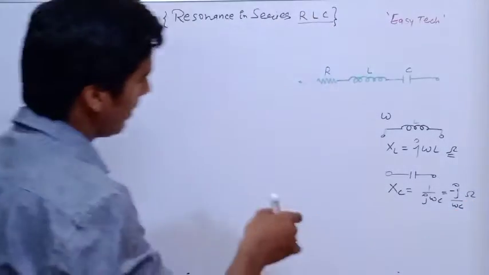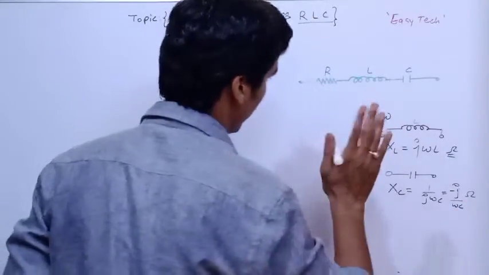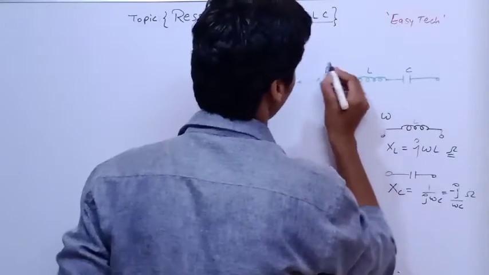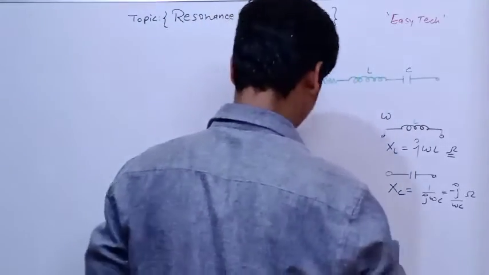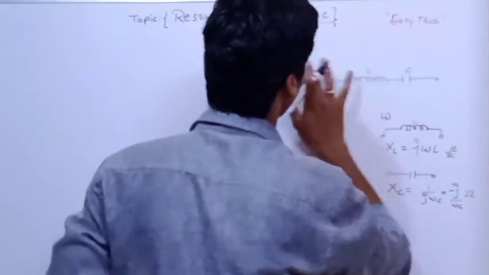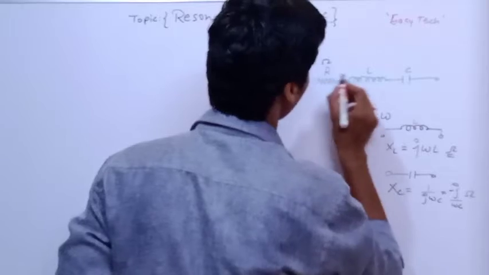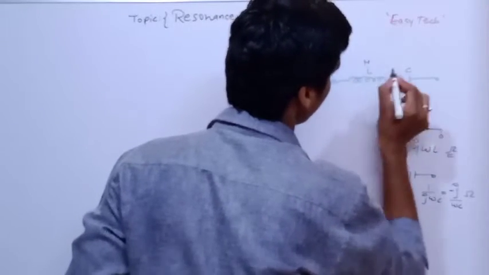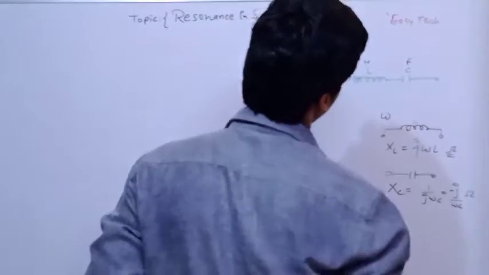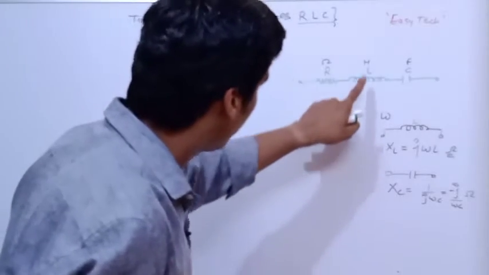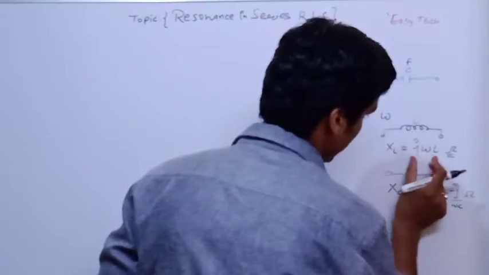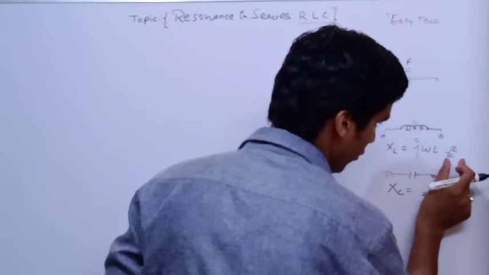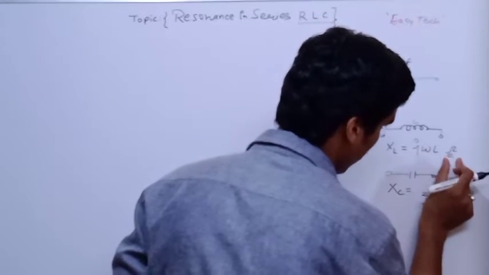So now we can add RLC. The unit of R is ohm, the unit of L is henry, and the unit of C is farad. We have converted the inductance to the inductive impedance, j omega L, in ohm.